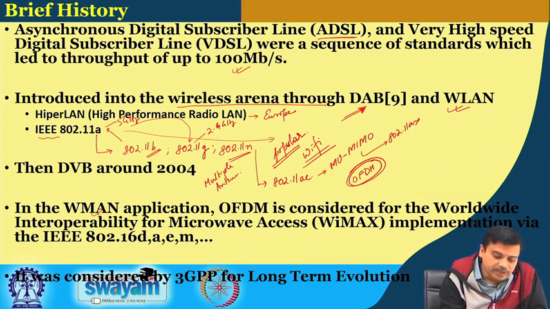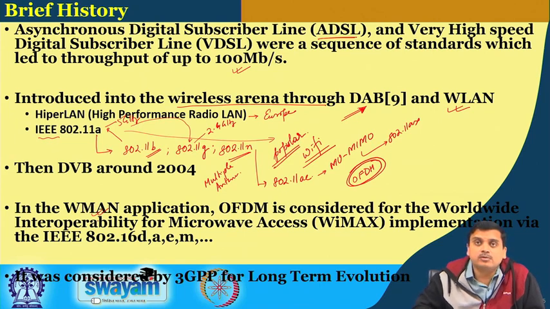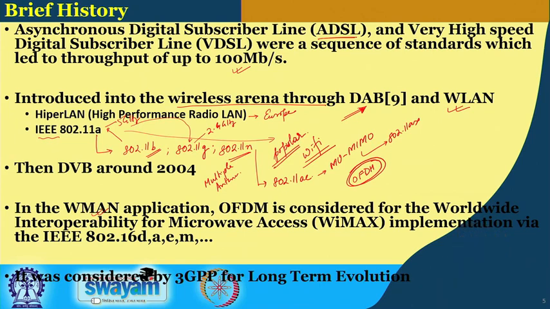The wireless metropolitan area network also used OFDM. So, you can see that almost every broadband access system is using OFDM, and it is popularly known as WiMAX. This name is more popular, just like Wi-Fi was more popular than 802.11a.